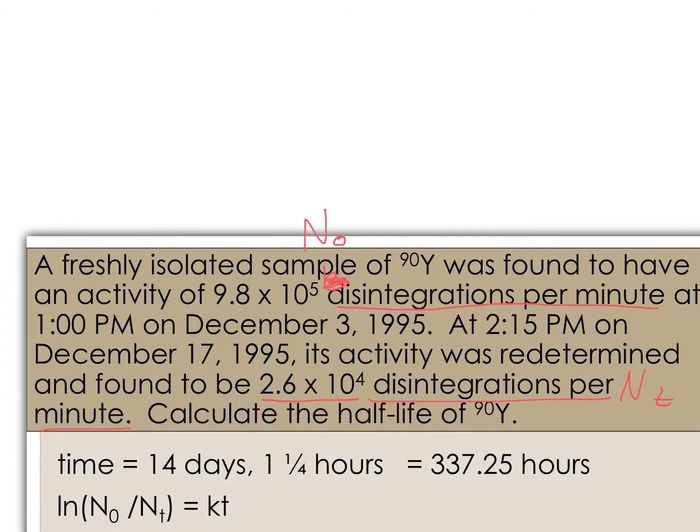So you use your integrated rate law, or you use your AP exam version: ln N at a specific time minus ln N initially equals a negative KT. Plug it into either one.